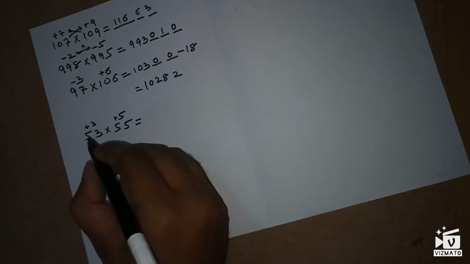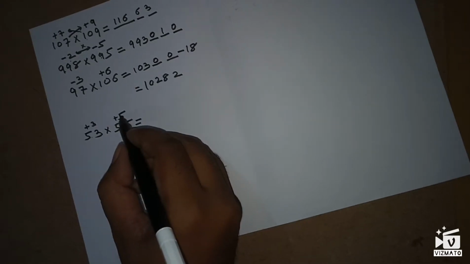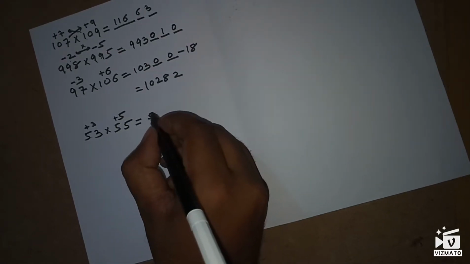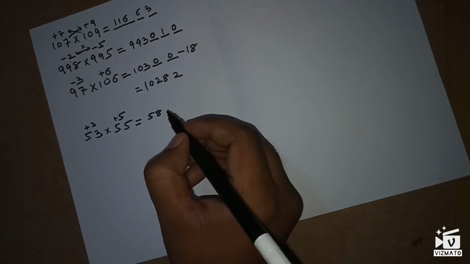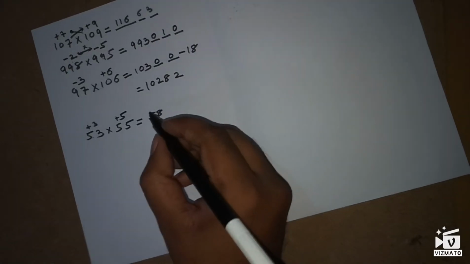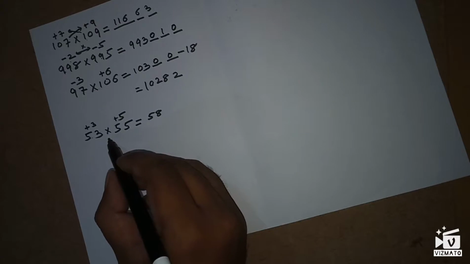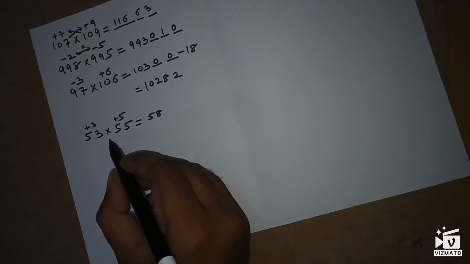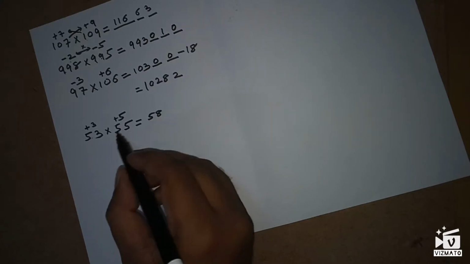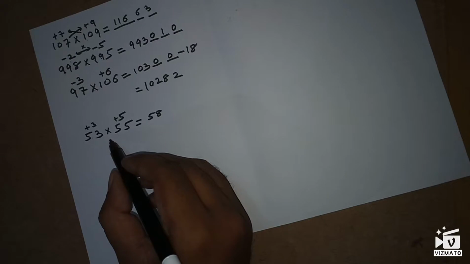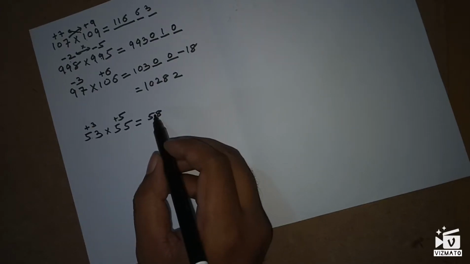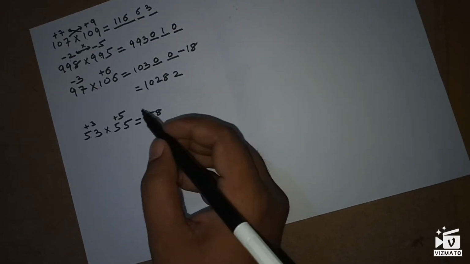As usual, 53 plus 5, that is 58. Now, when the base is 50, we see how much is 100 of 50. 50 into 2 is equal to 100.